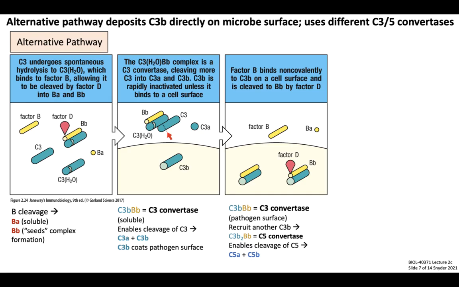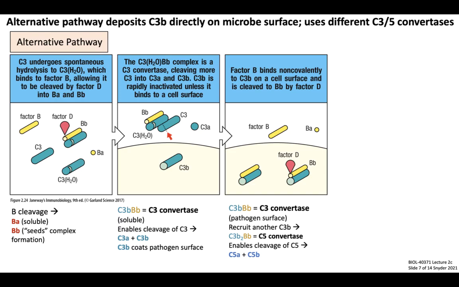Instead, C3 can actually undergo spontaneous hydrolysis, where it can then bind to a protein called factor B. This binding recruits another protein called factor D, which cleaves B into the subunits Ba and Bb. This complex then functions as a C3 convertase, which cleaves additional C3 molecules into C3a and C3b.